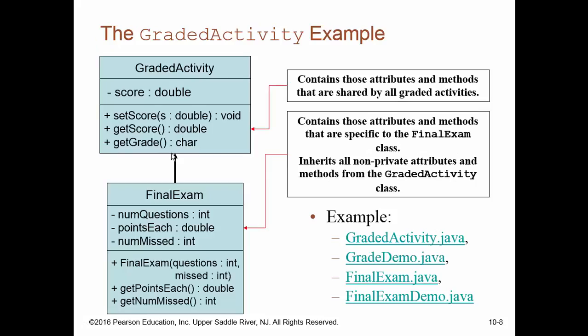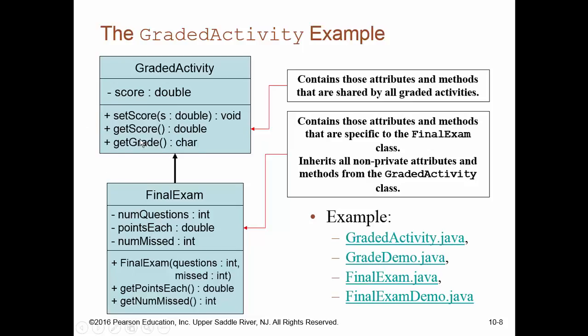All right, so what do we have in here? We've got final exam, which is a type of graded activity. What this means is, by default, all this stuff that's here is available down here. But a couple things. First of all, you'll notice the plus sign here, here, and here.